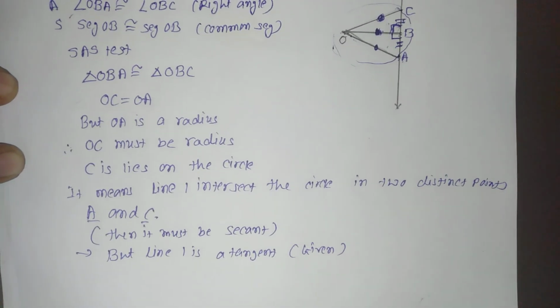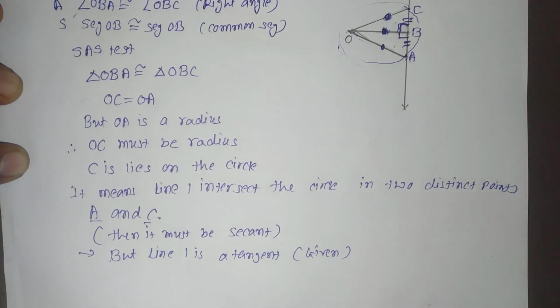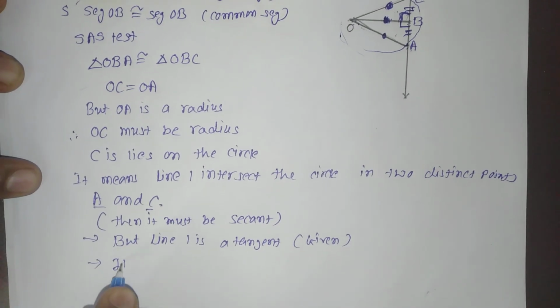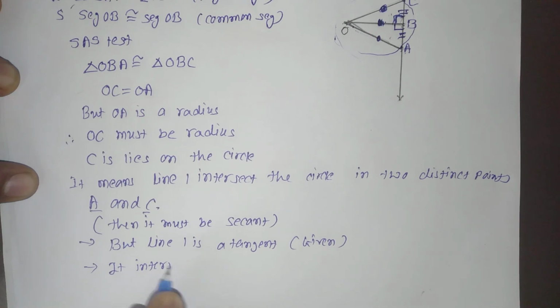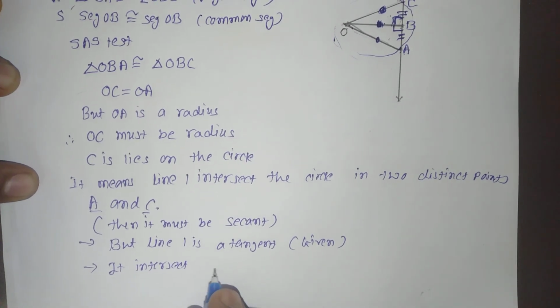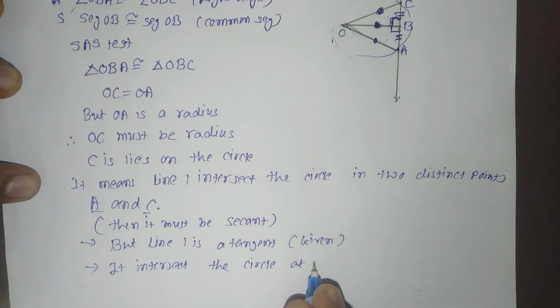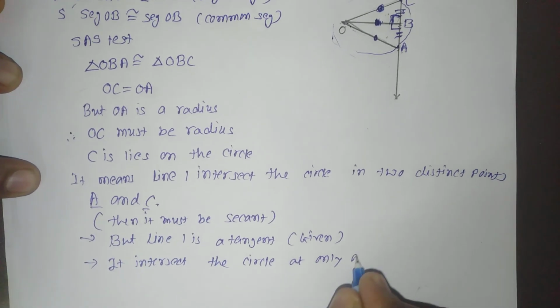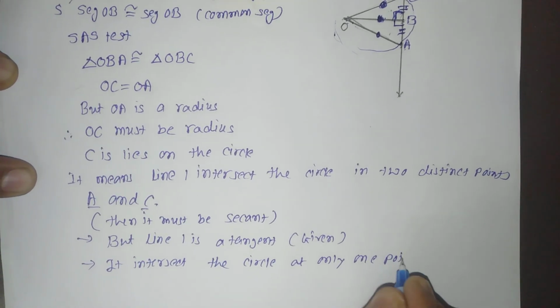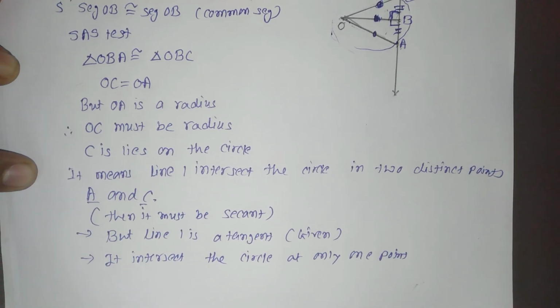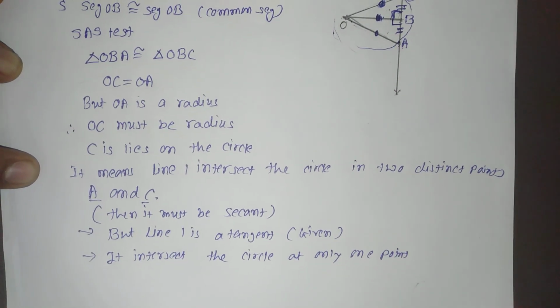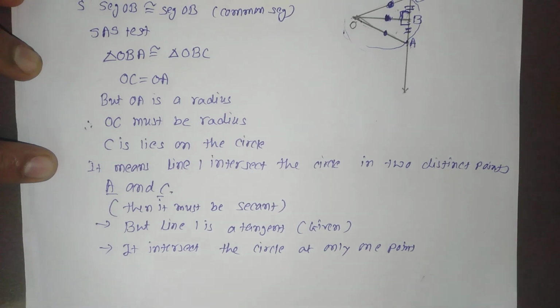So what do we say? It intersects the circle at only one point. So our assumption that line L is not perpendicular to the radius OA is wrong.